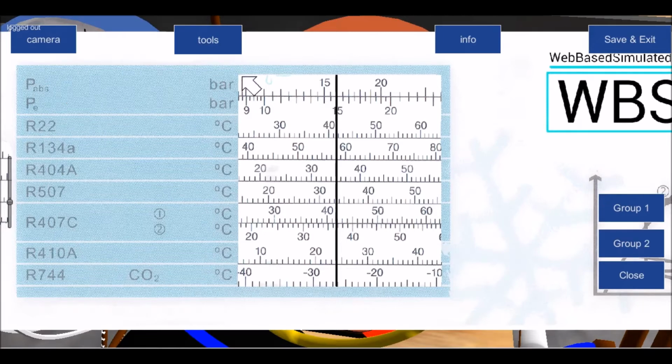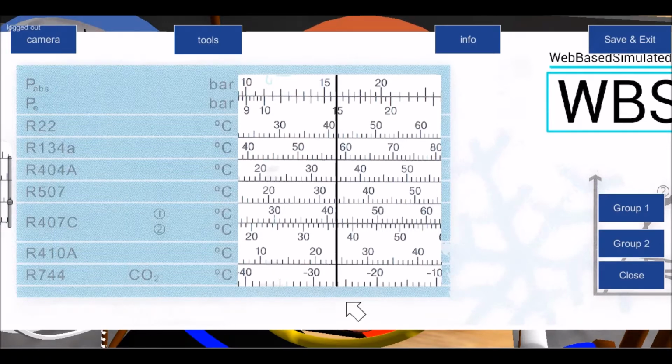This one is absolute, and you can see that's 16 bar, whereas the gauge pressure is 15 bar. So we're only going to worry about gauge pressure. For each of these refrigerants there is a corresponding temperature. For 134A, that's the corresponding temperature. For 404A, that's the corresponding temperature. For 507, and for 407, and so on and so forth.